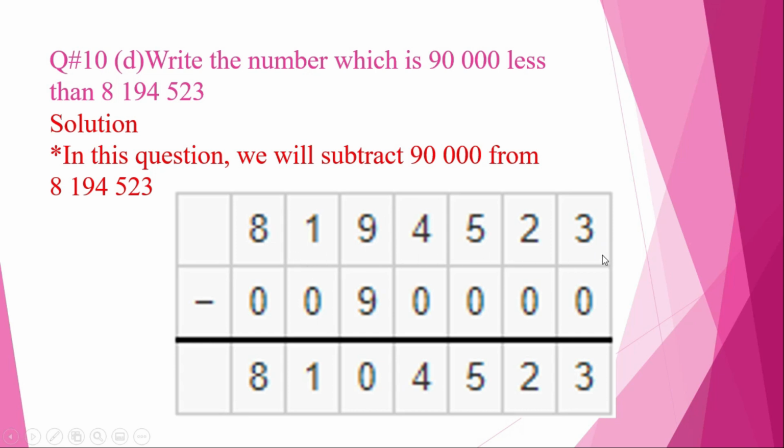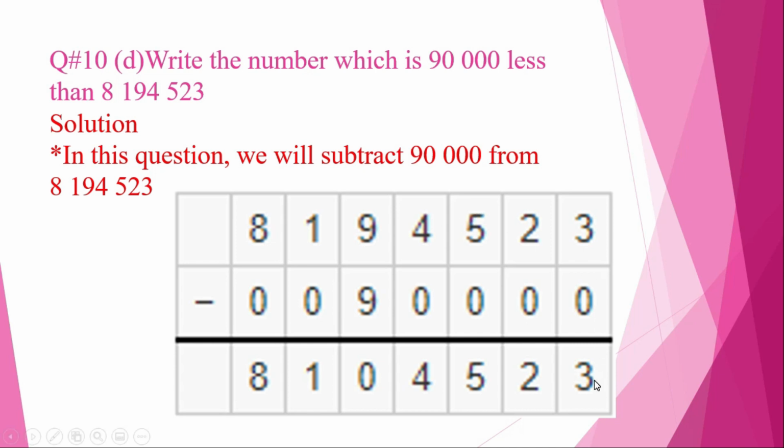Here we write the larger number, 8,194,523, and after that we align 90,000 from the ones: 0, 0, 0, 0, and then 9, and here there is no number, so we place a 0. If you don't want to place 0, then it's okay, you can leave it as it is.